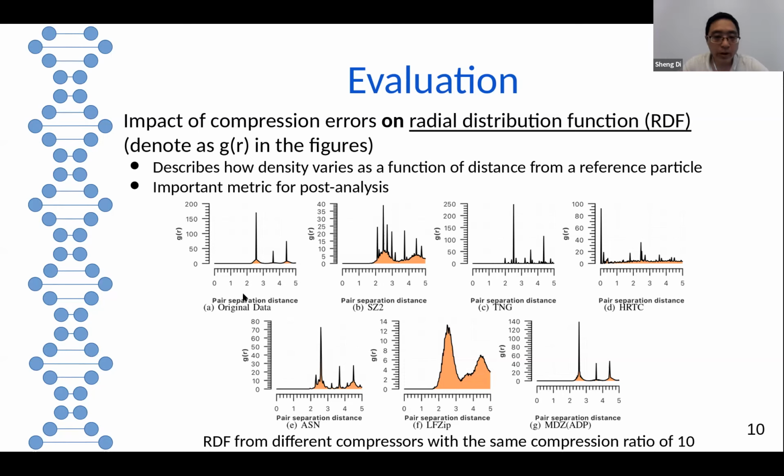We also compare our MDZ solution with other state-of-the-art lossy compressors, including SZ2, which is a generic compressor, and other compressors published in the literature for MD simulation datasets. We can observe that MDZ preserves the RDF perfectly compared with the original data set, and other compressors suffer from more or less data distortion.